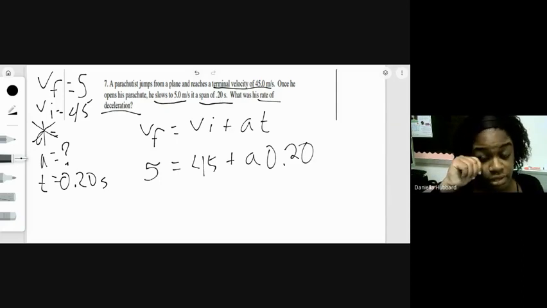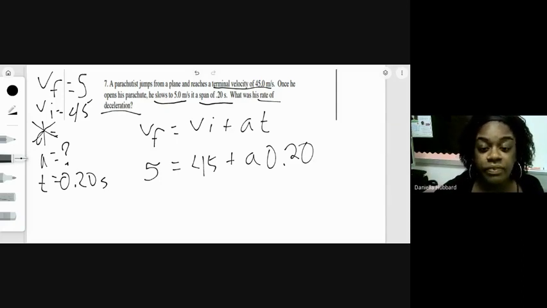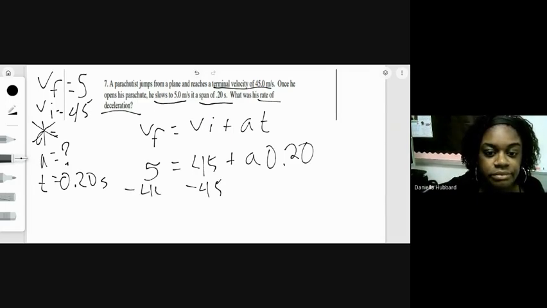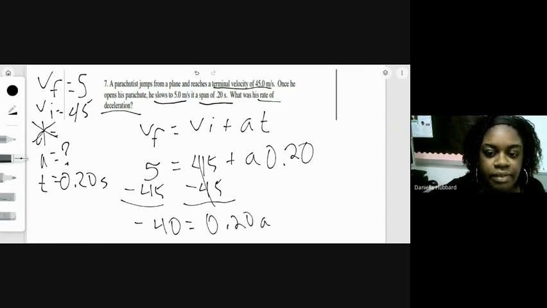So now let's get rid of the 45 first. Well, our 45 is positive. What's the opposite? Subtraction or negative. We get negative 40. This is equal to 0.20A.